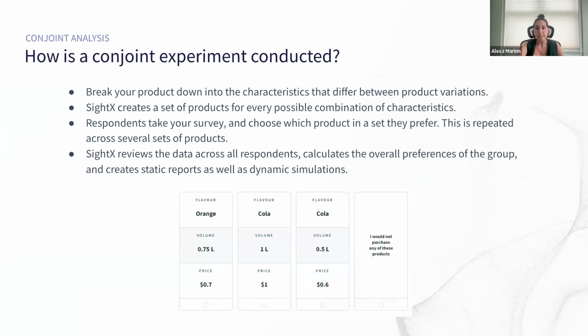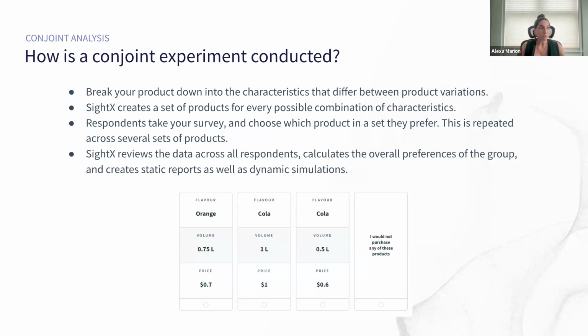So how is a conjoint experiment conducted? First, you'll break down your product into the characteristics that differ between product variations. SightX will create a set of products for every possible combination of characteristics, and then respondents will take your survey and choose which product in a set they prefer. This is repeated across several sets of products. So you can see in this screenshot at the bottom, here we have 3 products pictured, and those products differ in each flavor, volume, and price.